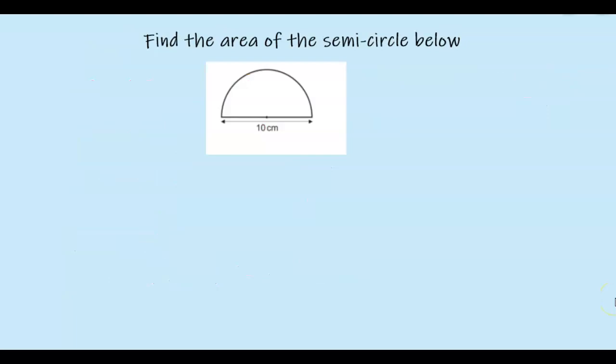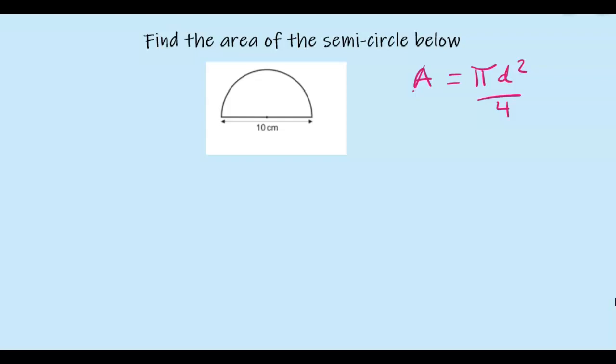Alright, let's look at our last example. We have been asked to find the area of the semicircle here, which is half a circle. And still we are using the idea of the area of a circle in terms of the diameter. But here we realize that it is half a circle.